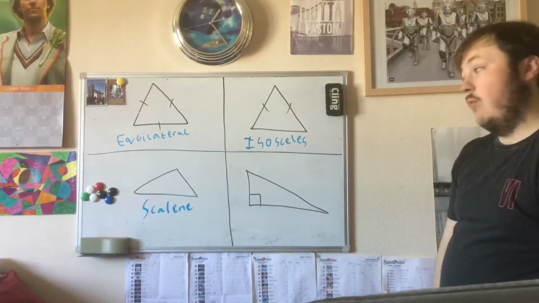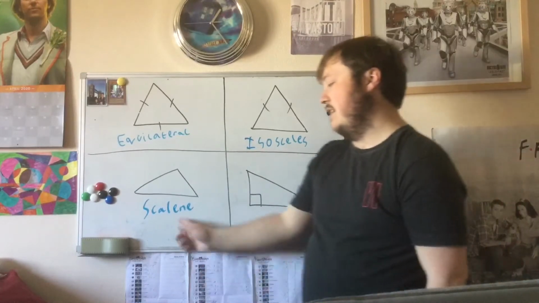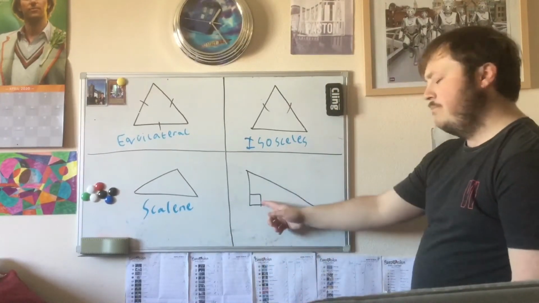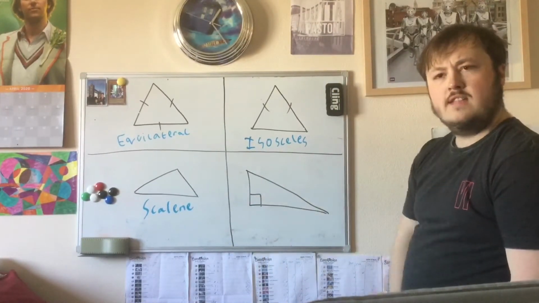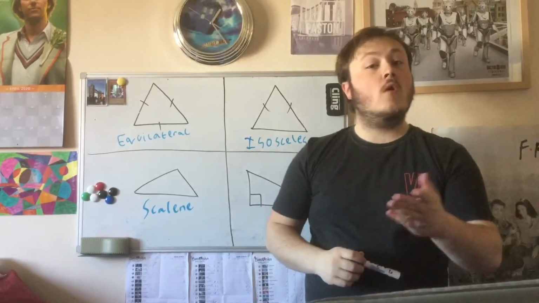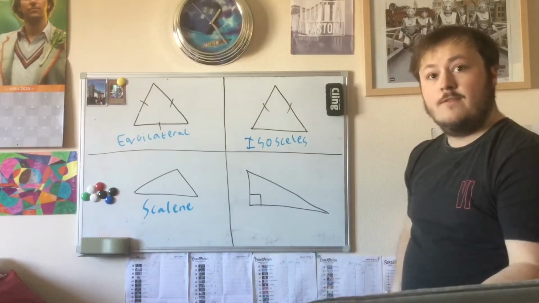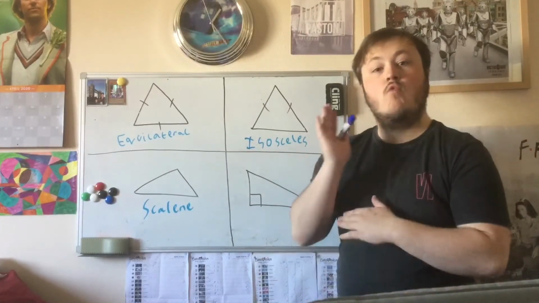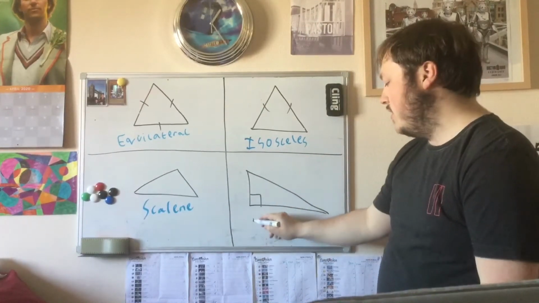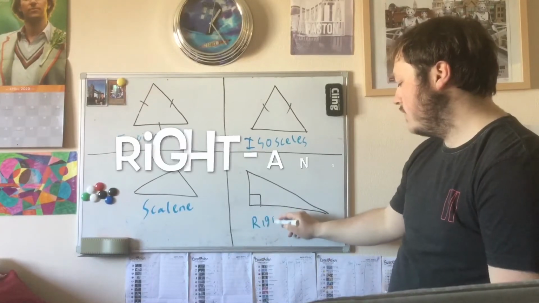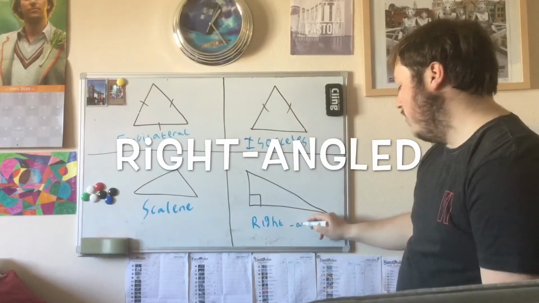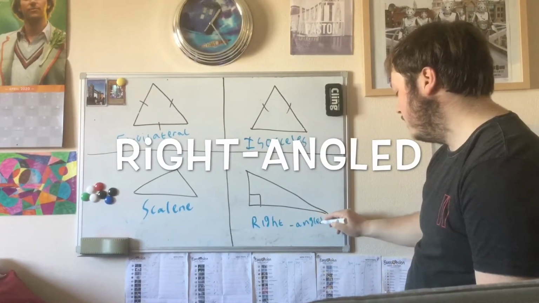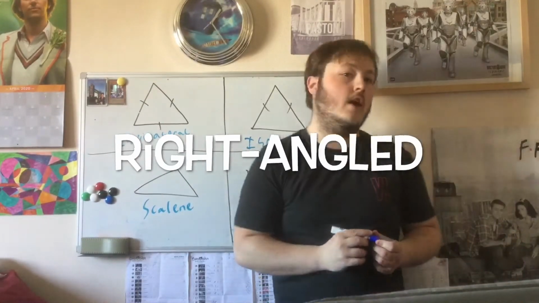Now this final one is very similar to a scalene triangle. But what does that box mean? Well, we'll be focusing on angles later on in future videos. But that box means that this triangle has a right angle. So it's just simply a right-angled triangle.